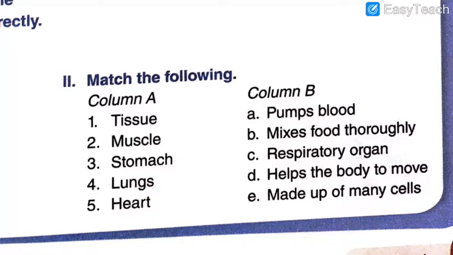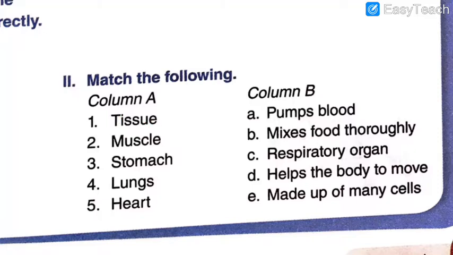Whereas on the column B side, A pumps blood, B mixes food thoroughly, C respiratory organ, D helps the body to move, and E made up of many cells. Now let us match it. You also have to match it if you have the textbook, or else you can watch this video lecture again and write the question and the answer, both the things, in your rough notebook. Now let us match this pair.